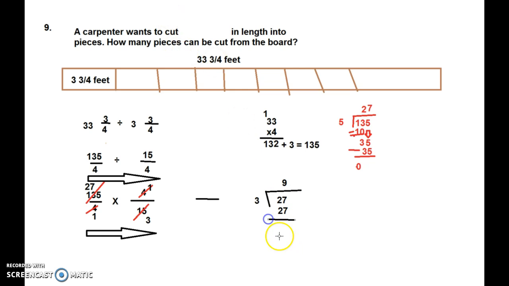And that's going to be our answer. 9 is our final answer. So how many pieces? It's going to be 9 pieces. Let me circle it for you guys so you know what our answer is. There you go.